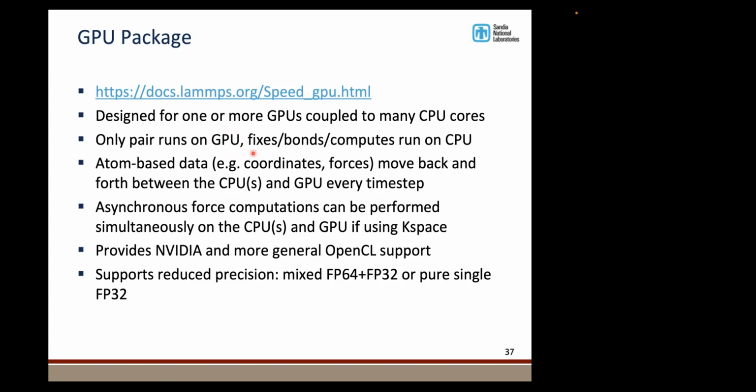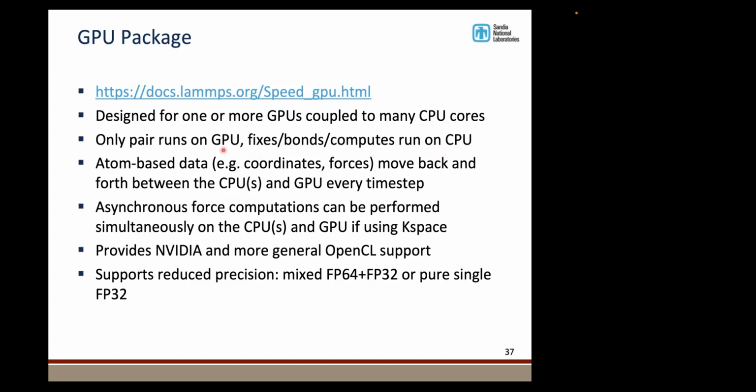Okay, I got it. So the conclusion is that the GPU accelerator package doesn't support all the packages, right? Yeah, so you have to look and see if your style is supported. The GPU package is more forgiving than Kokkos, I would say, because you're already running a lot of stuff on the CPU anyway.